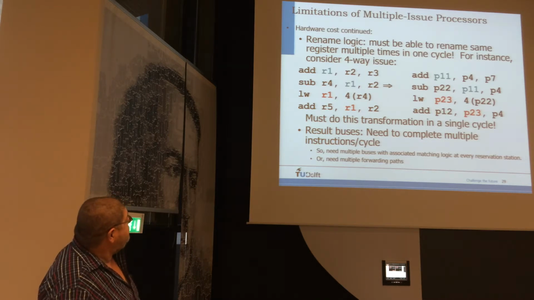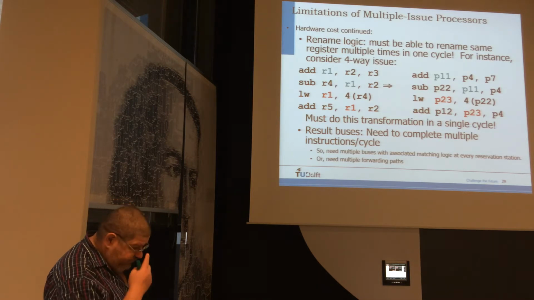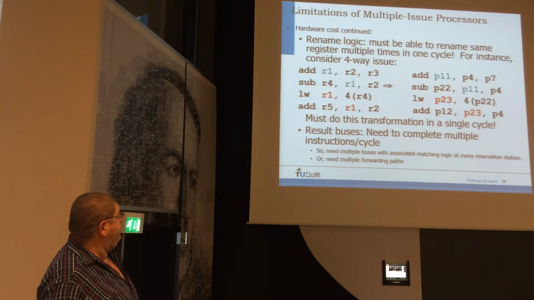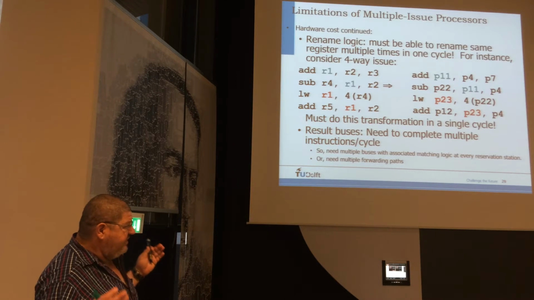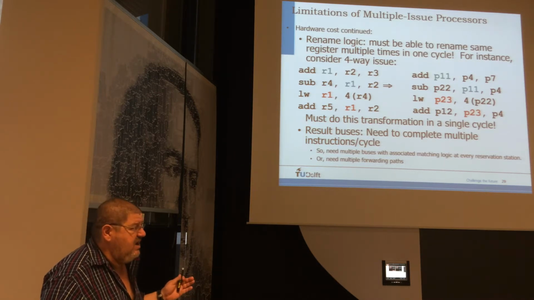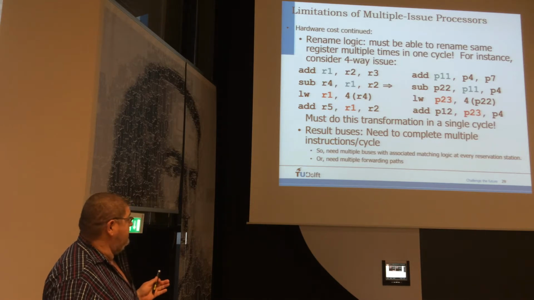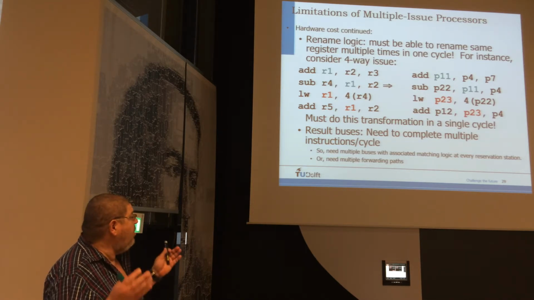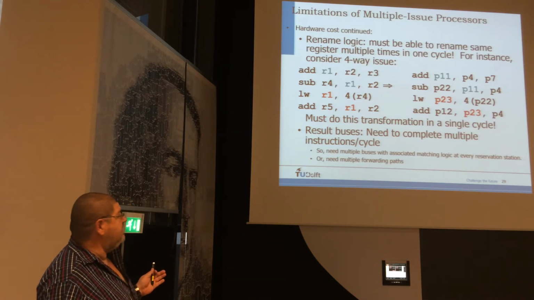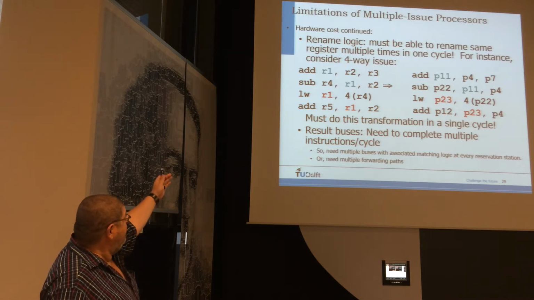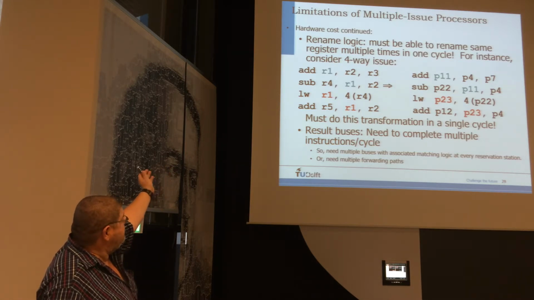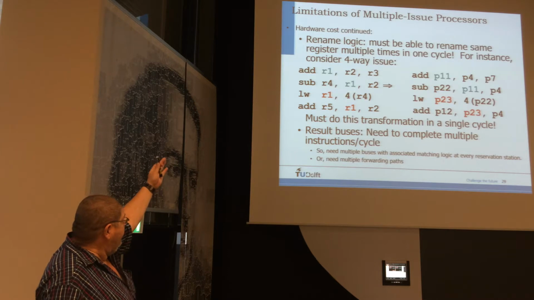Again, speaking about the limitations, if I have a very wide issue machine, I should be able to do register renaming on more registers in one cycle. Here I have an example of 4 instructions. It's a 4-issue machine, where it's fine.